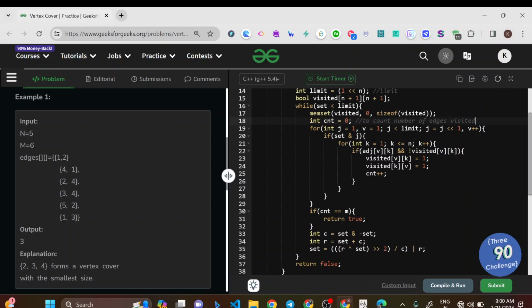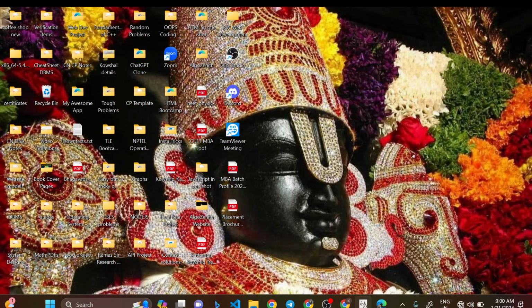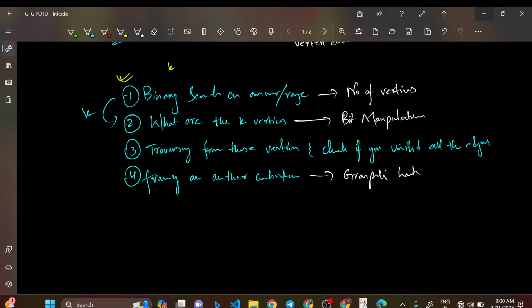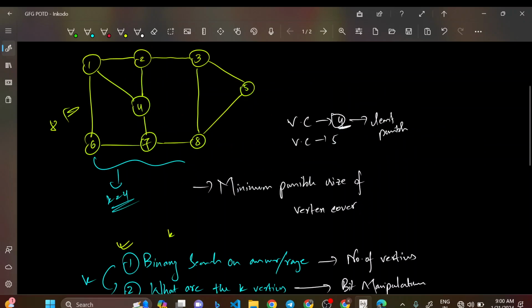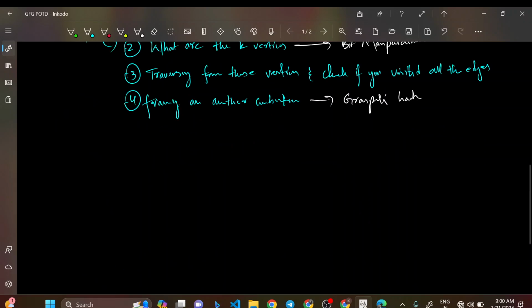What are we doing? The same thing that I've explained here, right? So I'll just take this notepad. This is the thing that we are talking about. If I take 8 vertices like this, initially j equal to 1 would be here, in terms of bit manipulation, and this is v equal to 1. When you do left shift of 1, your 1 will come here and this will represent vertex 2. Again left shift of 1, this will represent vertex 3.